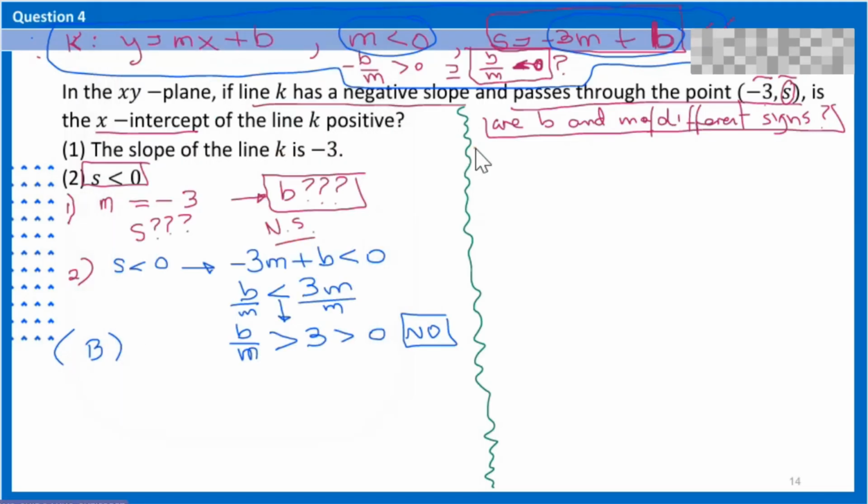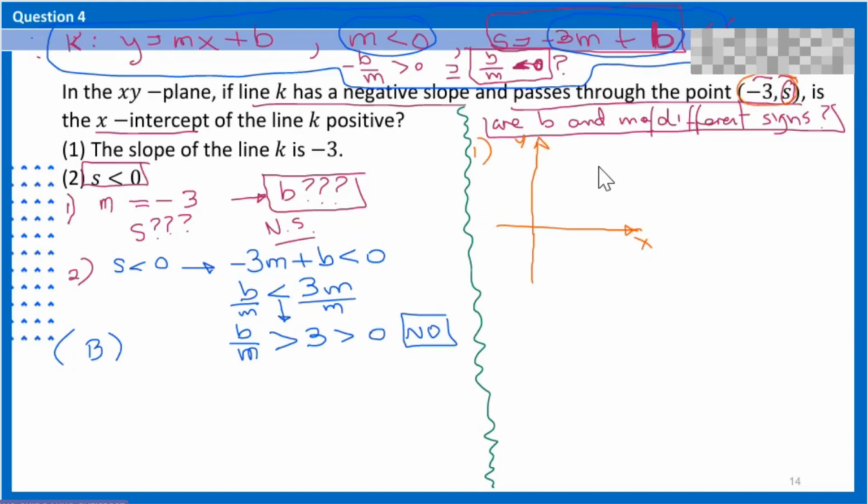Let's take a look at what the first statement means geometrically speaking. If you have this XY plane, okay, X and Y, and they tell you that the slope of line K is negative 3, and at the same time they are telling you that the line passes through this point.